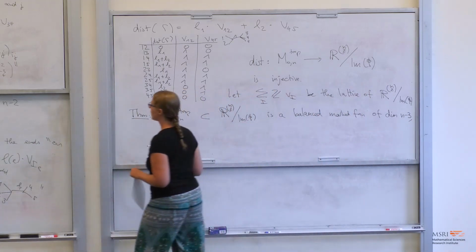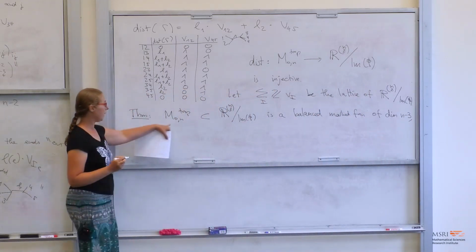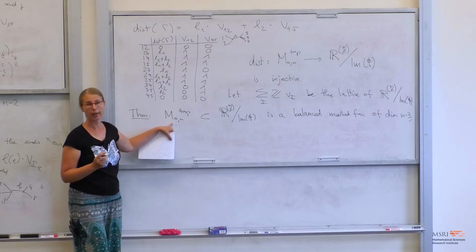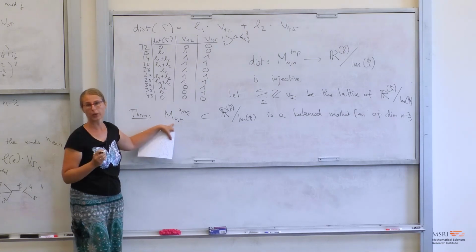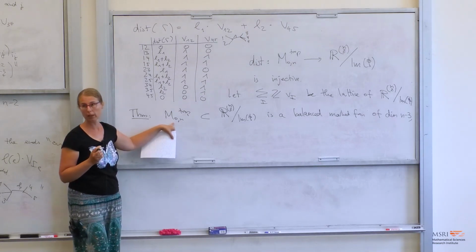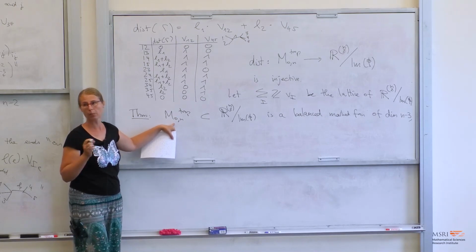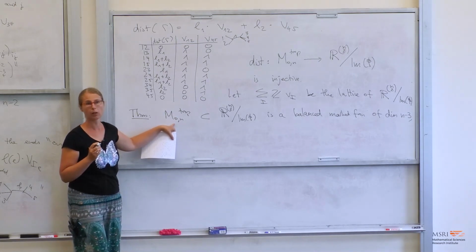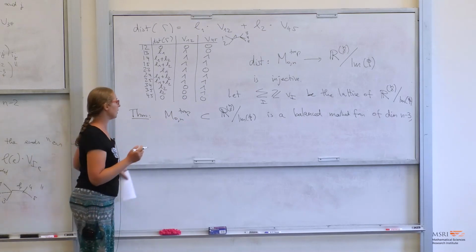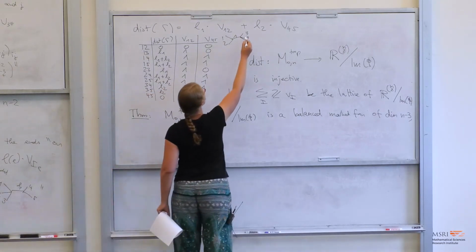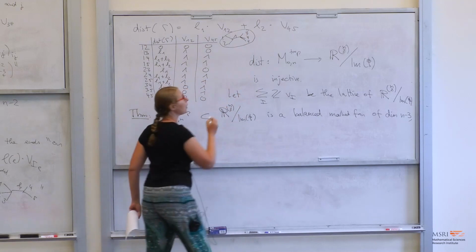And what are the markings of the rays? Well, what is a ray in M0 n-trop? I need to give you a combinatorial type that just gives a one-dimensional orthant, right? Because we know that M0 n-trop is glued from orthants, and the orthants have dimension the number of bounded edges in my combinatorial type. So what is a ray? A ray is precisely a picture like this, with just one bounded edge.